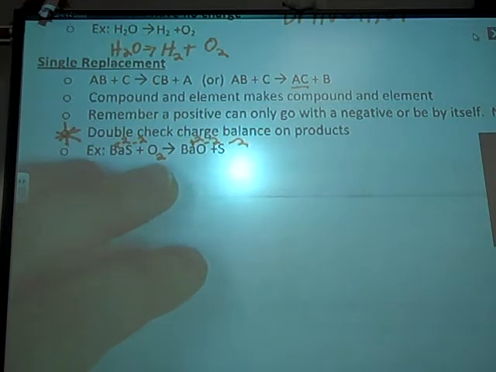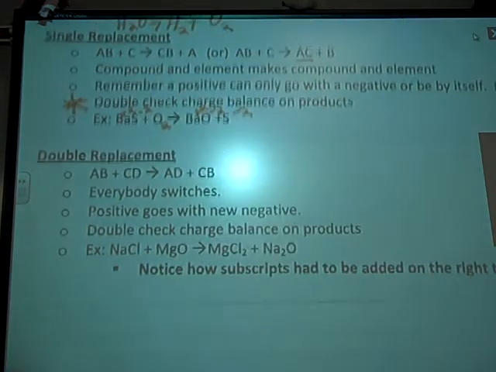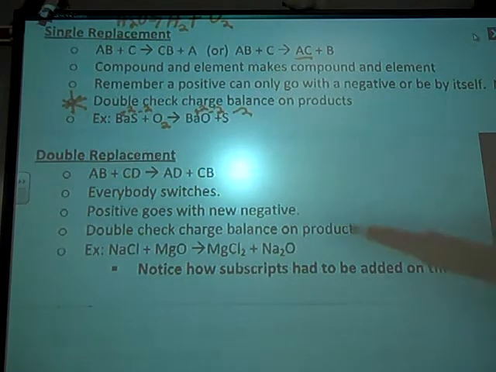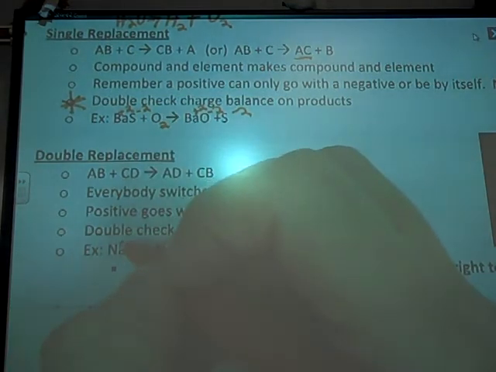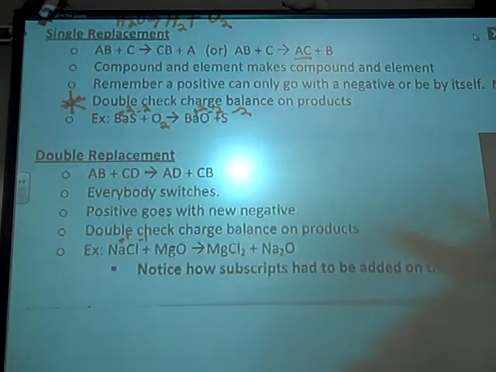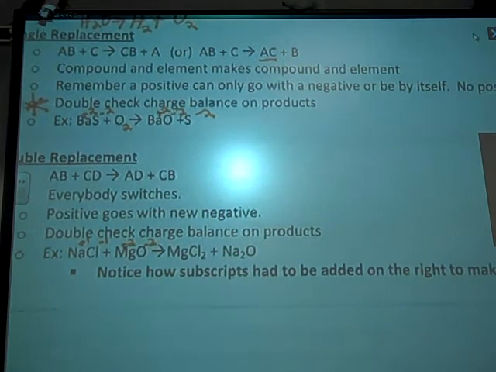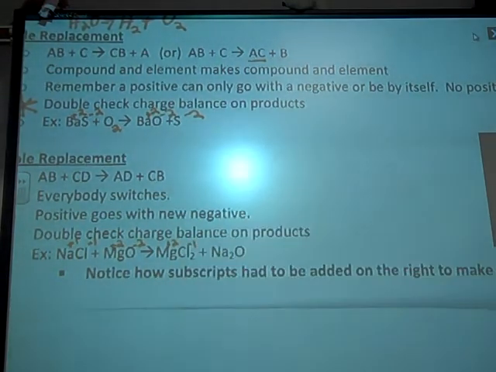One thing has moved. Our fourth type is called a double replacement, and this is where everything moves. Our positive is going to go with a new negative, and again, always double check all of your charges. For example, in this example here, sodium has a +1, chlorine has a -1, magnesium has a +2, oxygen has a -2. On the other side, magnesium has a +2, chloride has a -1.